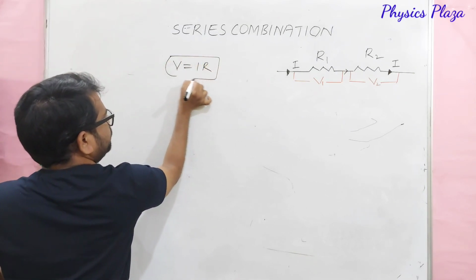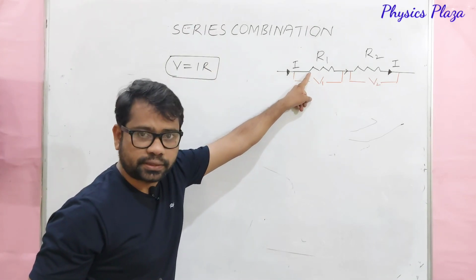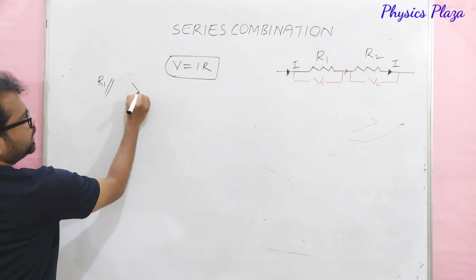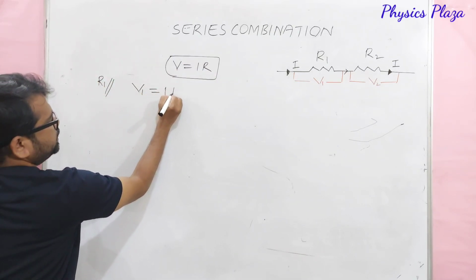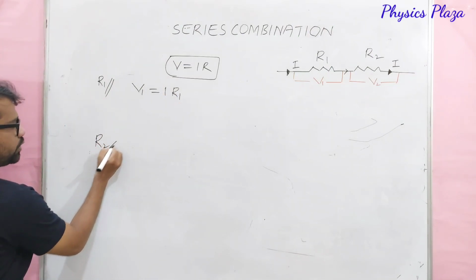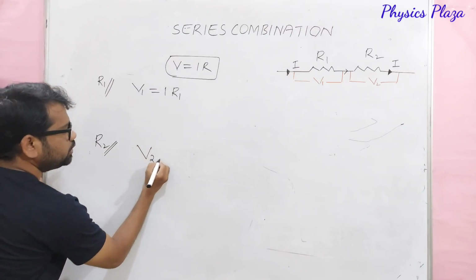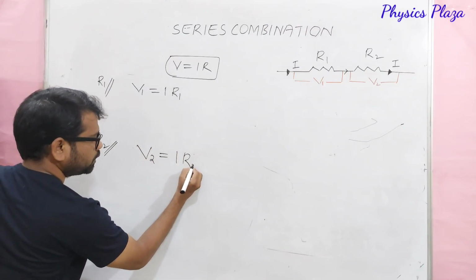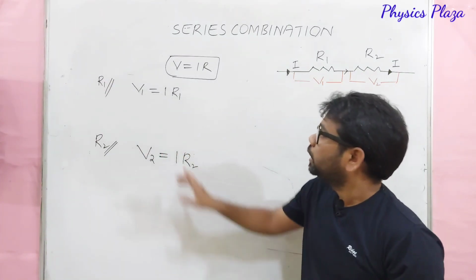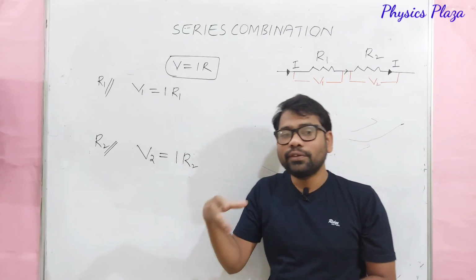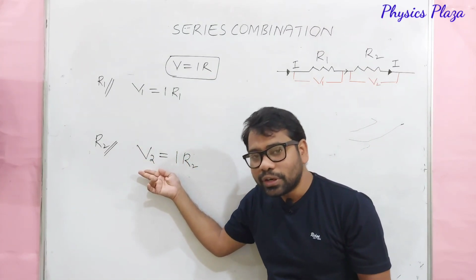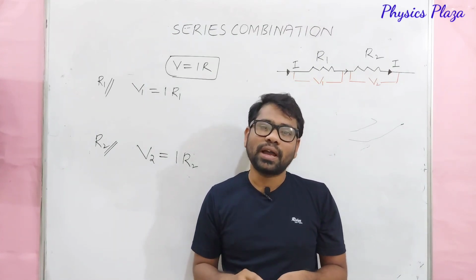Let us apply it for the first resistor R1: we get V1 is equal to I into R1. And for the R2 resistor, V2 is equal to I into R2. But dear children, if you want to calculate either V1 or V2, the current must be known. When we know the current, definitely we can calculate the V1 value and the V2 value also. But how to calculate the I value, dear children?